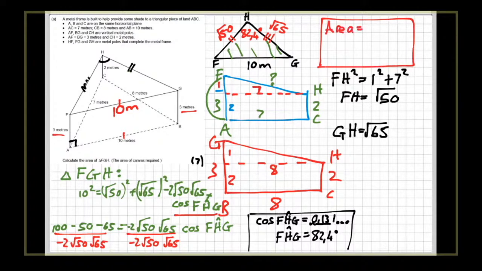The area is a half times the one side, times the other side, times sine of the angle in between, 82,4 degrees, which means you get an answer, if my calculations are correct, of 28,3 square meters.